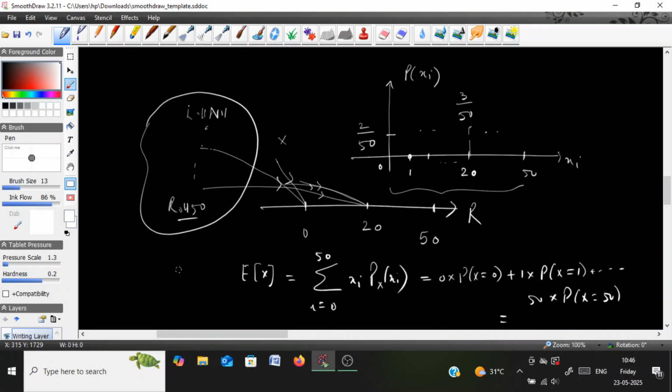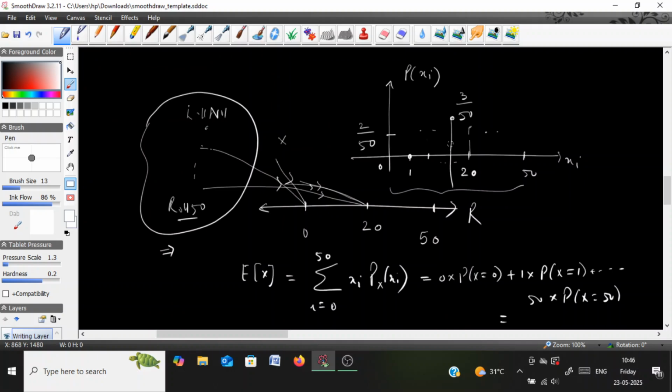Okay, so it is the same thing you do in, you can say, linear algebra: the average of a sequence of numbers is simply the sum of all divided by the total number of numbers. The only thing is that we are defining this in terms of probability, nothing else. Okay, so when you find the mean of this random variable, that will give you the center of this density function.